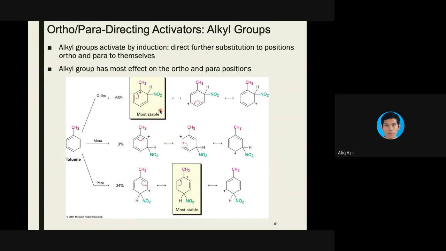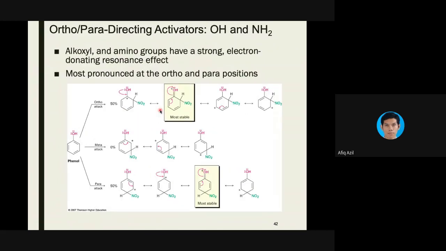Okay. Then we see an example for hydroxy and amino groups. For this one, no product forms at all for the meta position, only ortho and para. Each of them has half of the product formed.